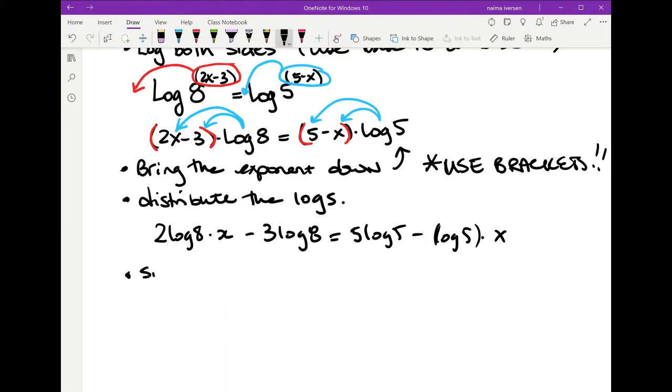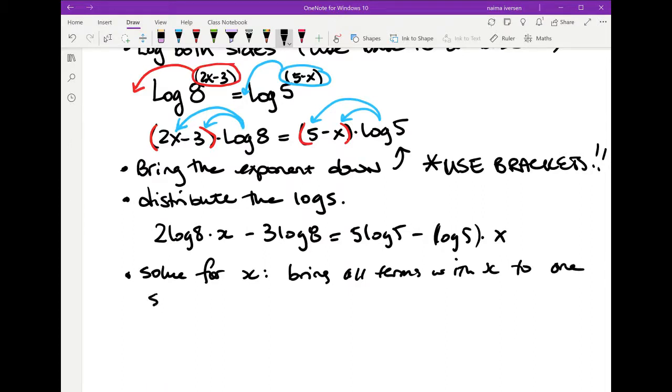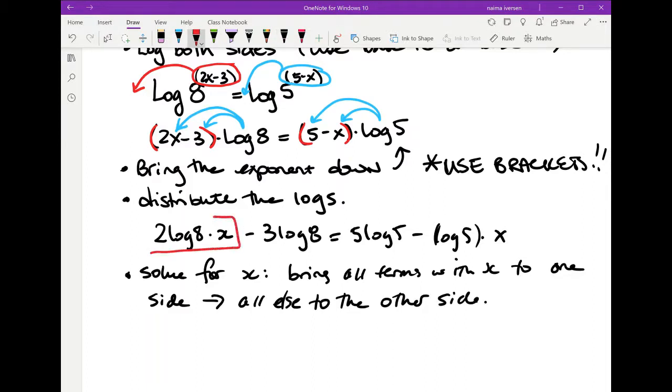We are going to solve for x. And to solve for x, bring all the terms with x to one side, everything else to the other side. So that means that I'm going to keep this guy over here and I'm going to bring that guy over.